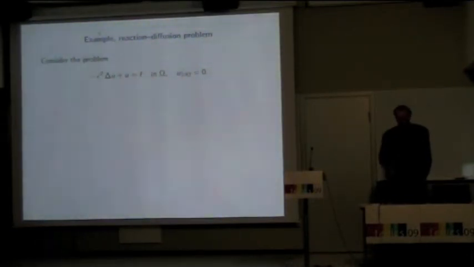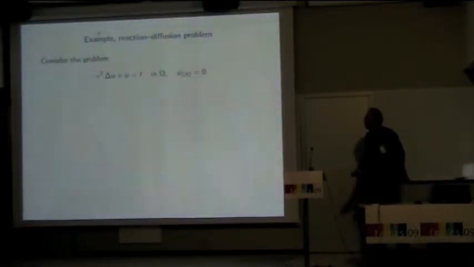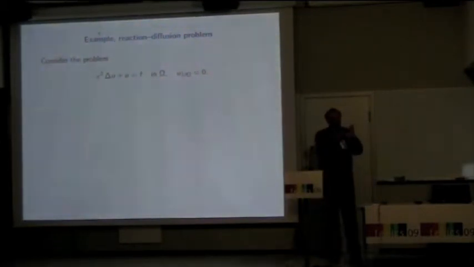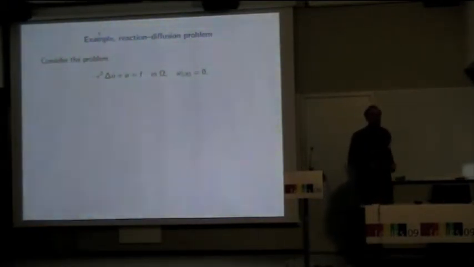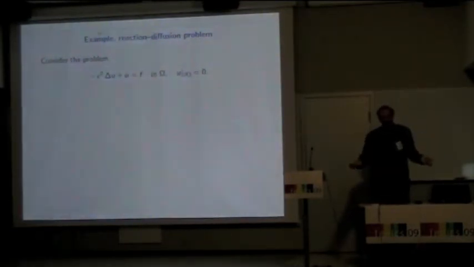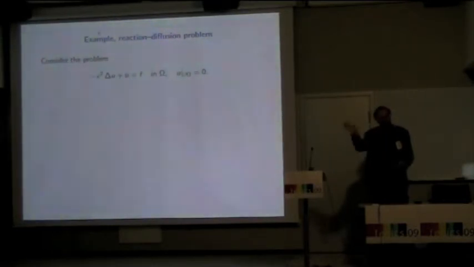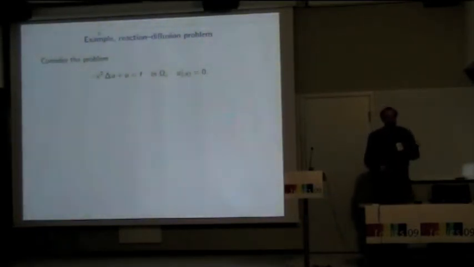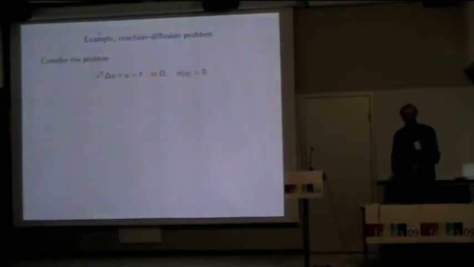Because you go from second order to 0 order. So you would think that in my setting with an operator A, that operator A should have some norm that either goes to 0 or goes to infinity as the parameter epsilon goes to 0. That seems reasonable because you're really changing the operator.